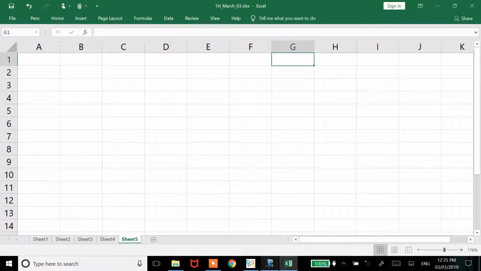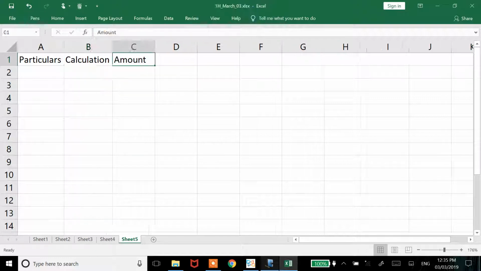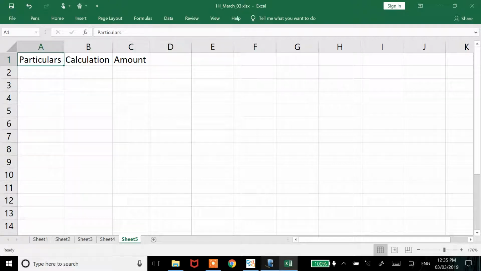Let's start. Particulars, calculation, amount.